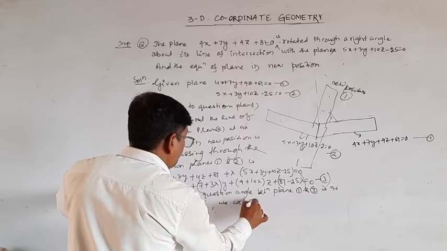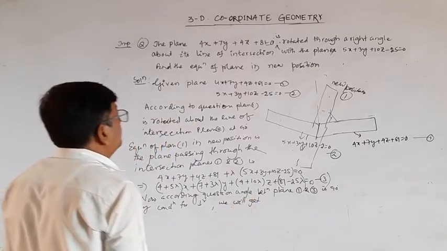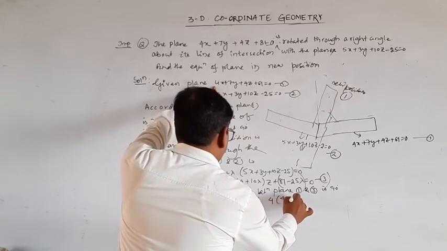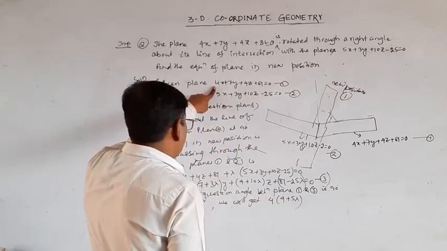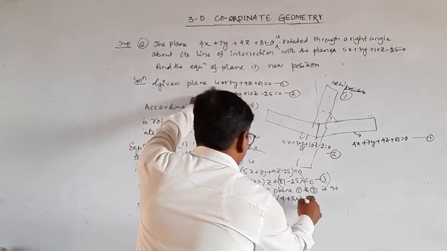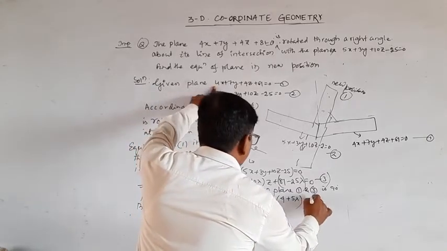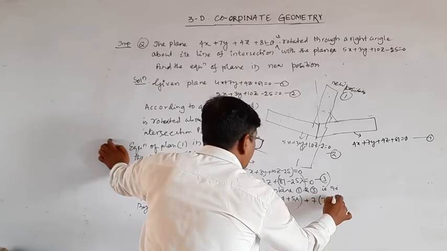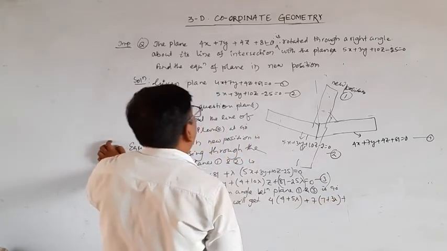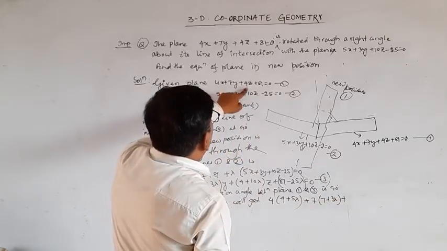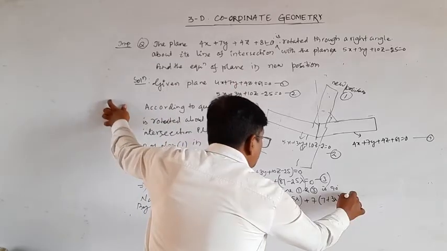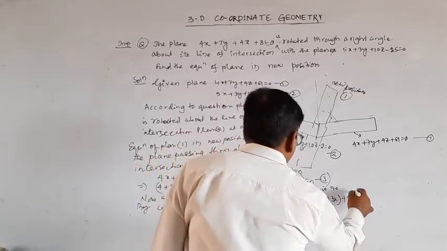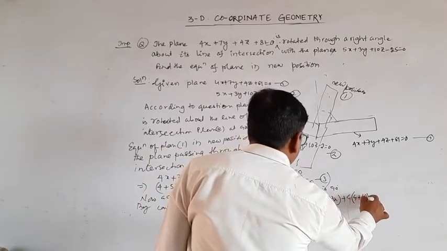That is 4 into 4 plus 5 lambda, plus 7 into 7 plus 3 lambda, plus 4 into 4 plus 10 lambda is equal to 0.